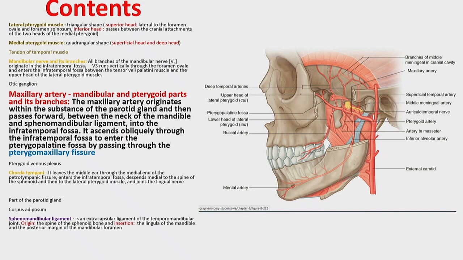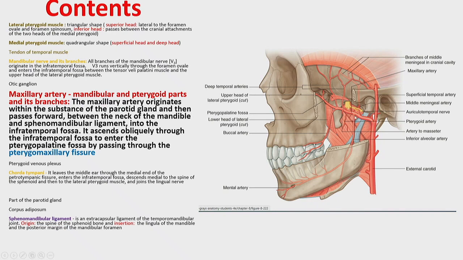We talked about the maxillary artery. We said that it is one of the terminal branches of the external carotid artery, which arises inside the parotid gland, and it passes between the neck of the mandible and the sphenomandibular ligament.